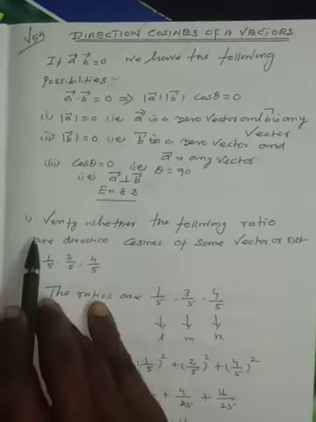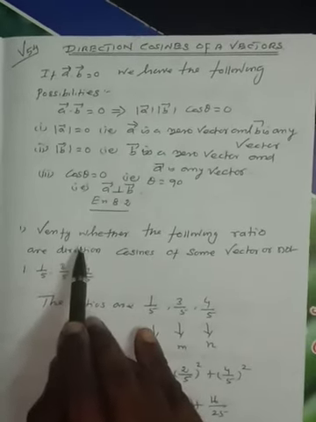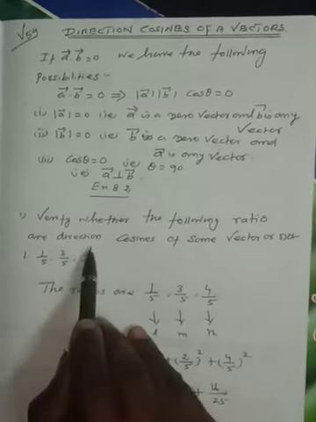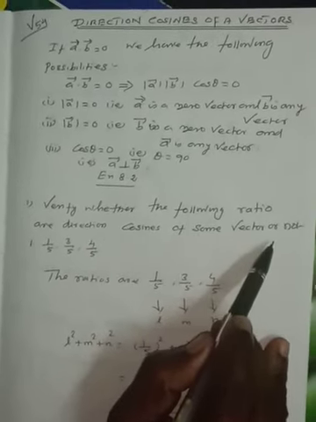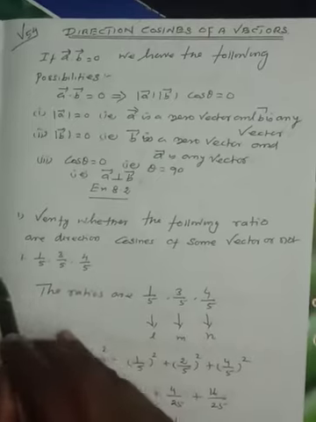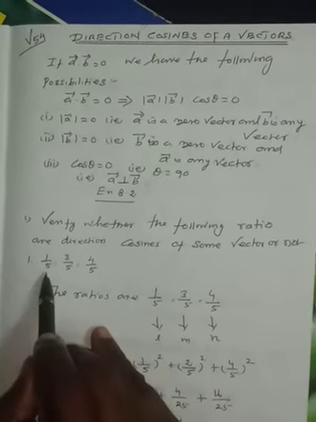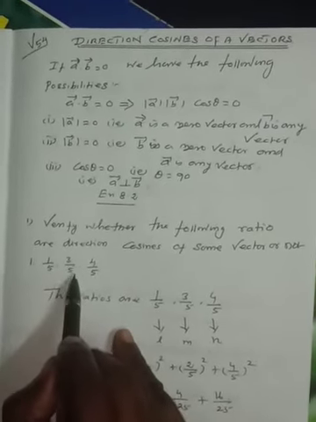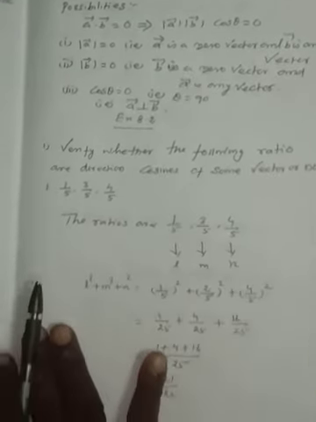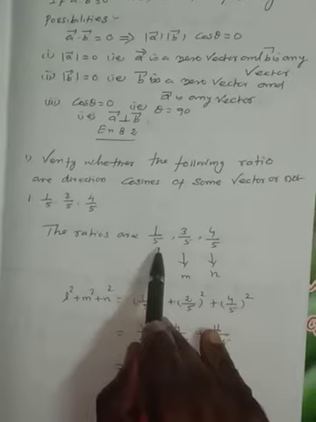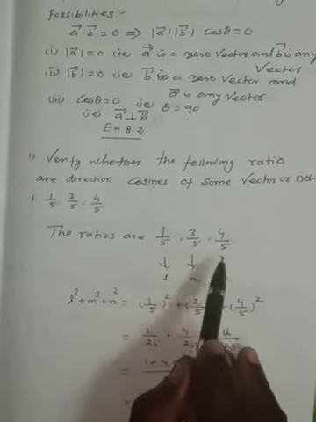Sum number 1. Verify whether the following ratios are direction cosines of some vector. Number 1: 1 by 5, 3 by 5, 4 by 5.